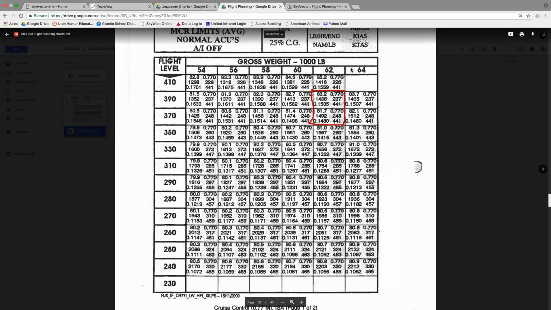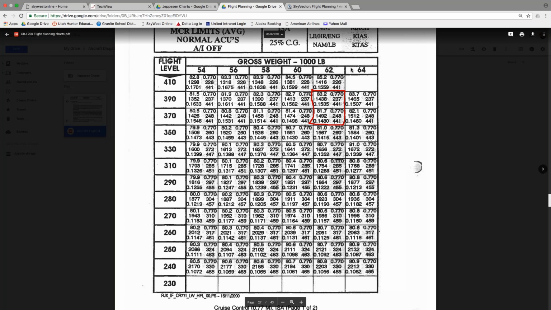Okay, so we only care about our true airspeed and our pounds per engine. Remember, this is pounds per engine on this chart. So we take the average of our pounds per engine: 1,438 and 1,492 gives us 1,456 pounds. Then multiply that by 2, because we have 2 engines.